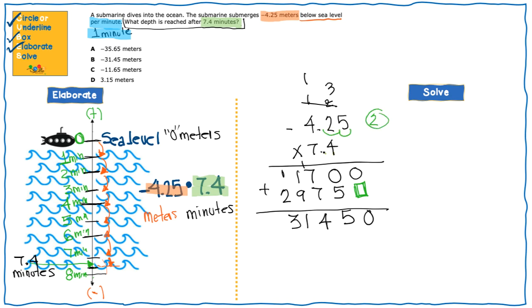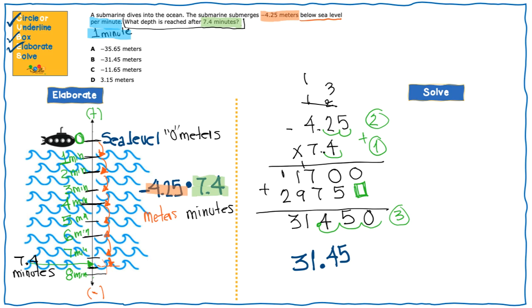My next step will be to check how many decimals I have in each factor. And on this one we have 1 and 2. Here I have 1. So in total we're going to have 3, correct? That will be 1, 2, and 3. I'm going to rewrite my answer, and my answer really is 31. I bring down the decimal point, and 45 tenths.